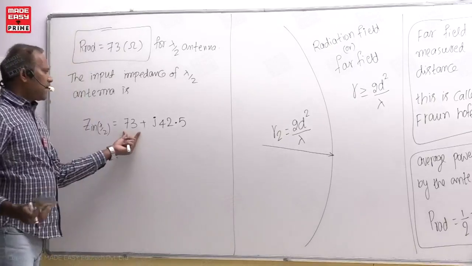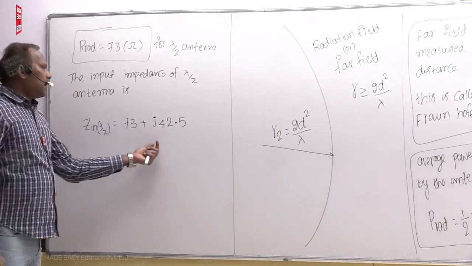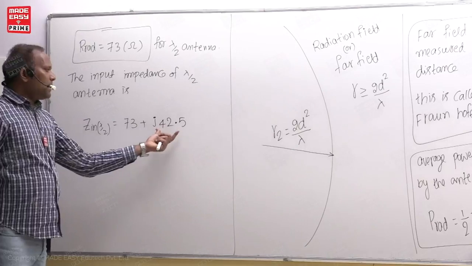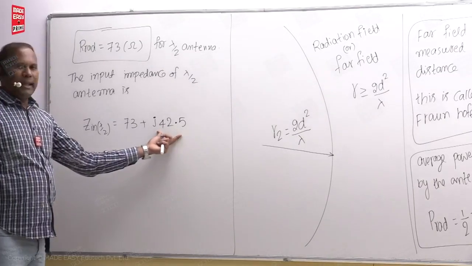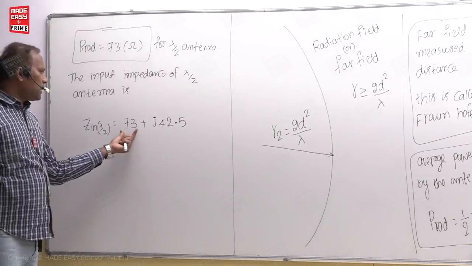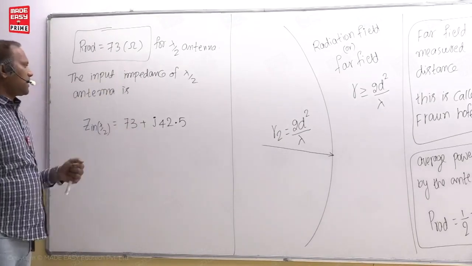So this one is the radiation resistance, and this one is the reactive component. This is not useful in radiating the energy. Only this is useful, this is the radiation resistance.